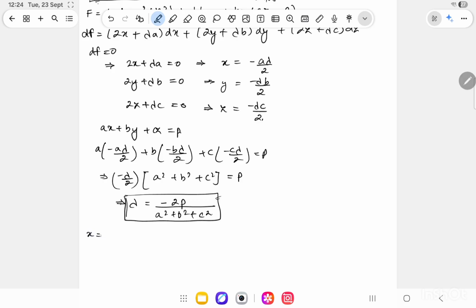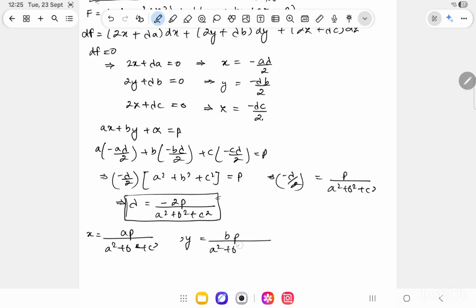So my x is basically a into minus lambda by 2, and minus lambda by 2 is basically p by a square plus b square plus c square. So x is ap by a square plus b square plus c square, y is bp by a square plus b square plus c square, and z is cp by a square plus b square plus c square.